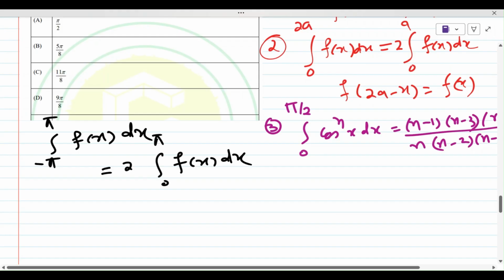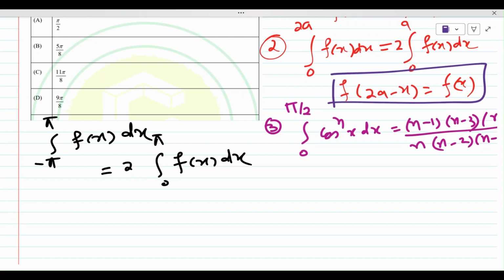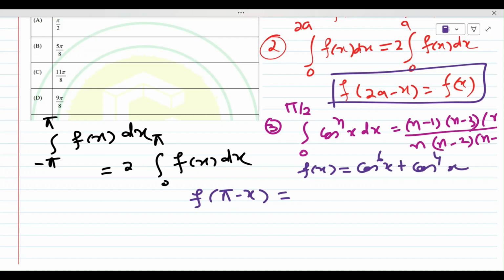Here 2a is pi. For applying the second formula, let us first check its condition, that is f of pi minus x should equal f of x. Now f of x here is cos raised to power 6x plus cos raised to power 4x. Let us change x to pi minus x.